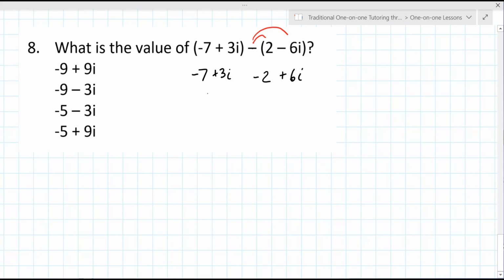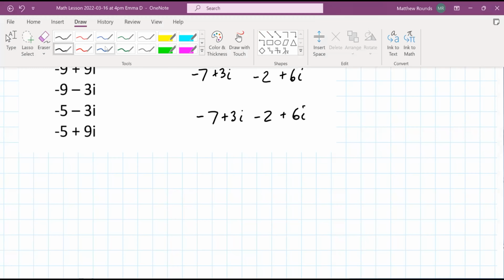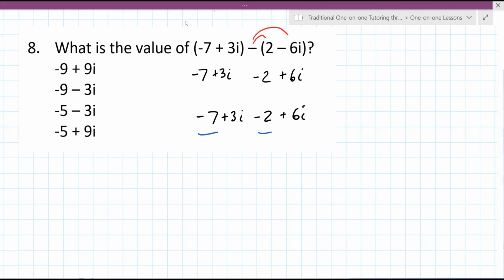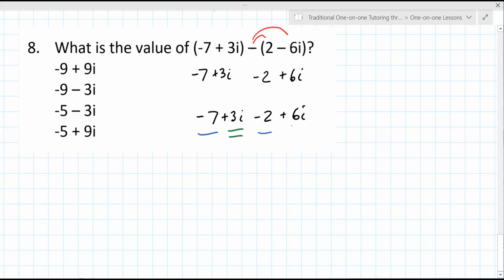Right. Okay. So let me write this a little cleaner. More of the flow you would expect to see where everything's kind of right next to each other. There's a little bit too much space there. But you now combine, I think I heard you say this earlier, like terms. Yes. Okay. And then you combine the other like terms. Now you don't have to rewrite it.